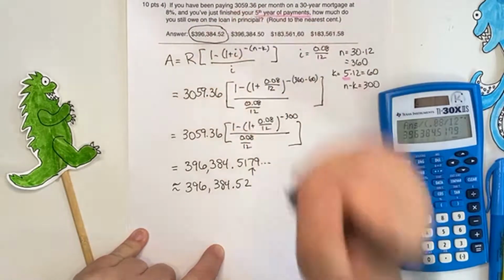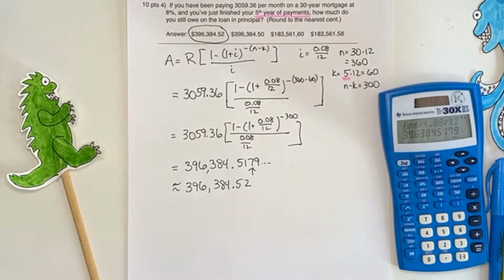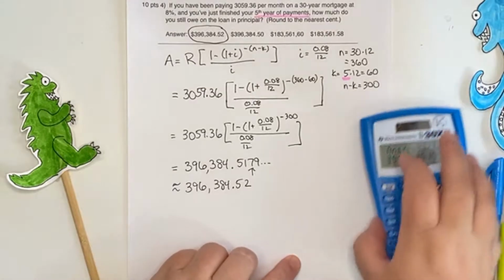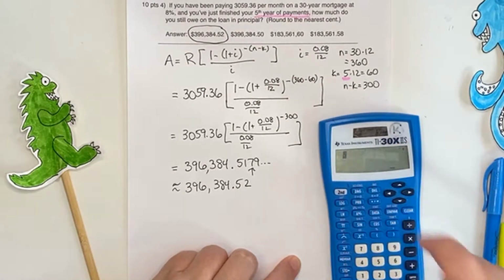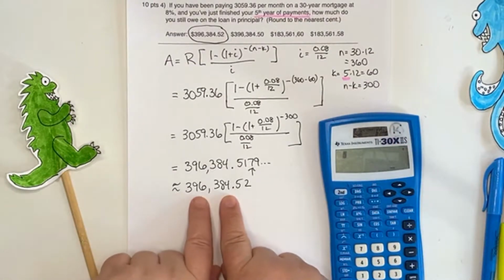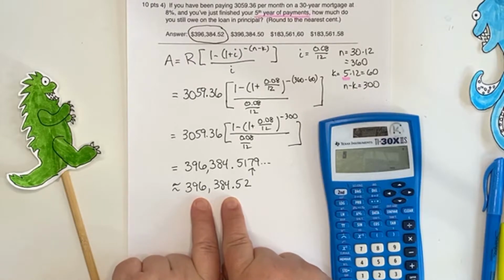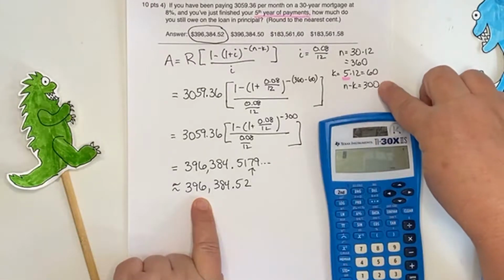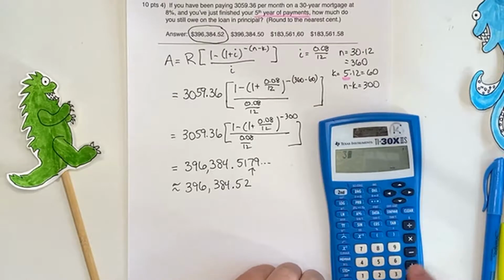Woohoo. And just for fun, this is not part of the test, and I'm probably going to confuse you, and I will regret this terribly, but you know, you only live once, right? YOLO. So that's how much is outstanding on your loan. You've got 300 more payments. So let's do 300 times 3059.36.